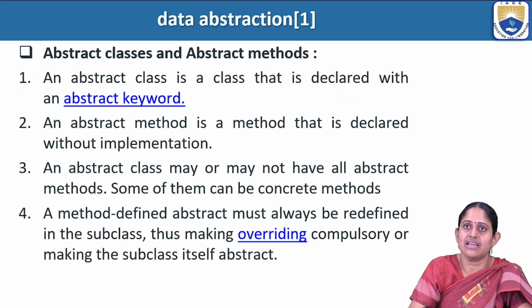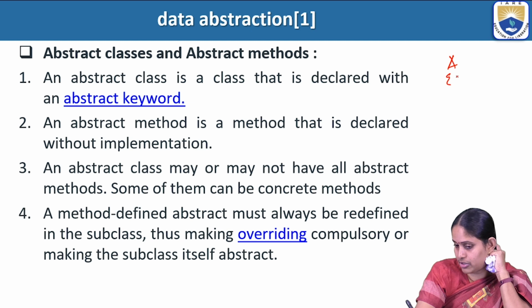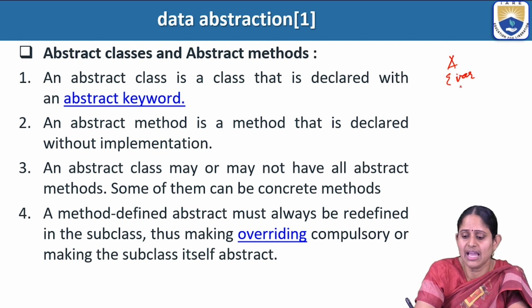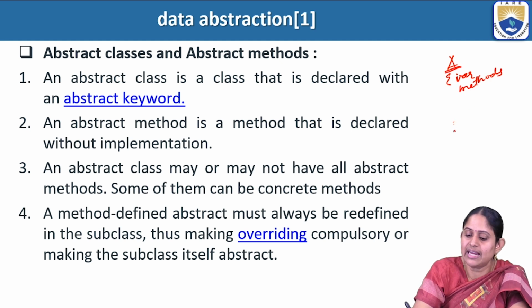Let's say we have a class named A. In that class we have a lot of instance variables and methods. When you create an object of this particular class, we are hiding the implementation details of these variables and methods.